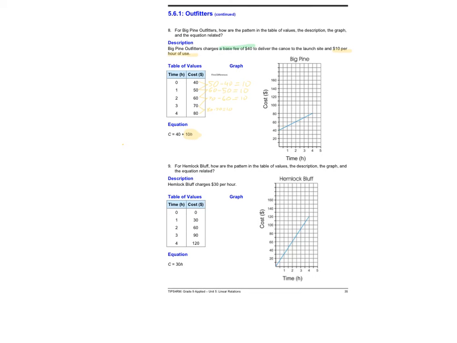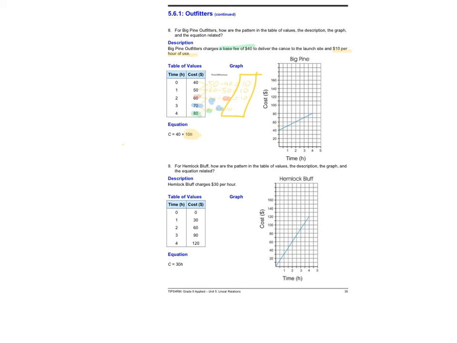Remember that whenever you take your first differences, you start with the bottom number, and then you move up to the next number. So we did 80 minus 70, okay? You then use the next two numbers. So we used 70 and 60. And you'll continue doing that pattern. Notice, it gave us 10 for all of our answers.